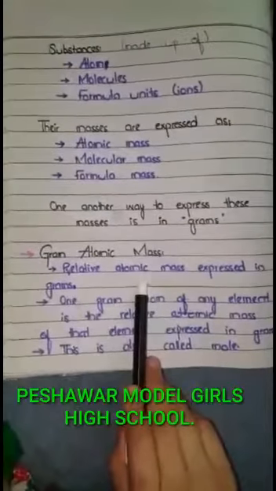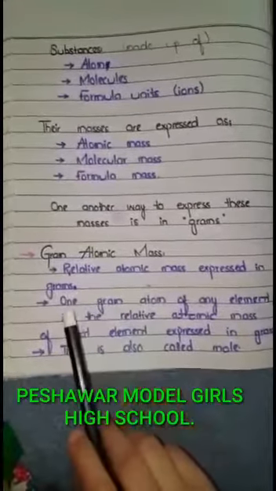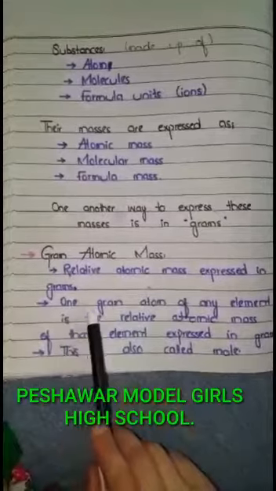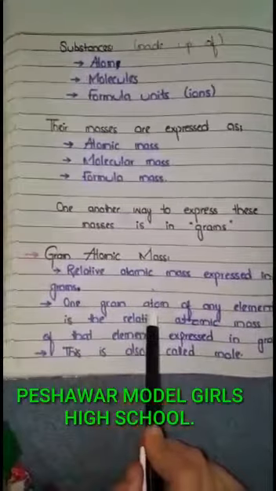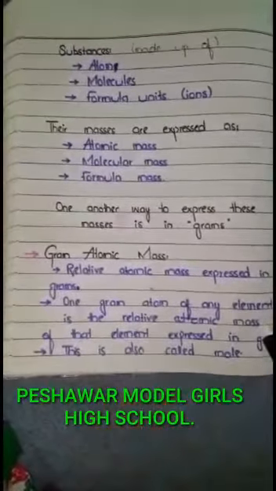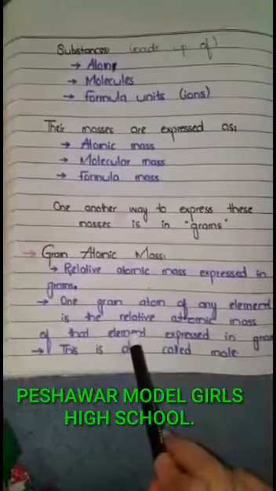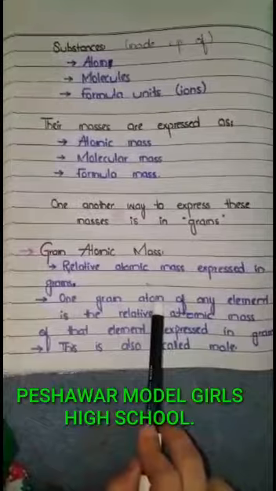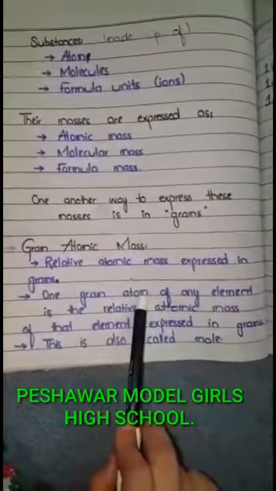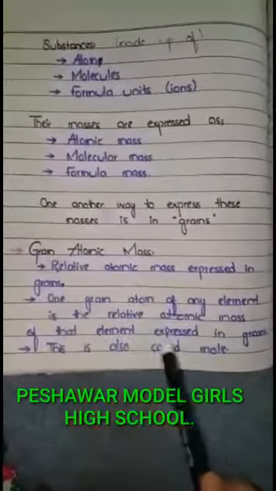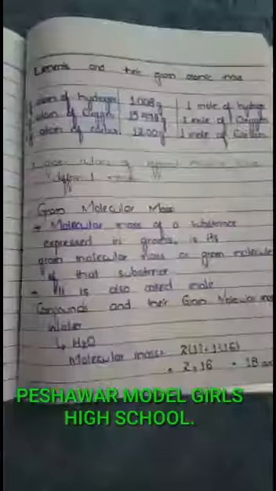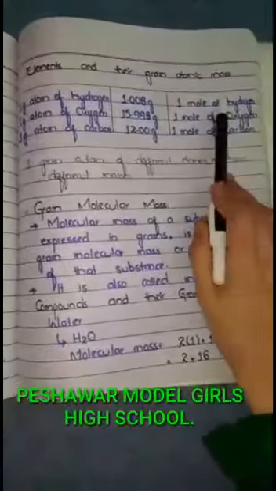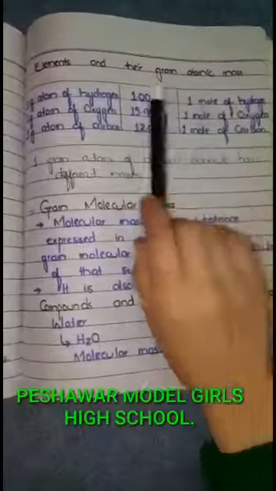We already talked about this. Now coming, if someone says what is 1 gram atom, it means that it is the relative atomic mass of that element and it is expressed in grams. So this is 1 gram atom of that element, and if they are expressed in grams, they will also be known as mole.